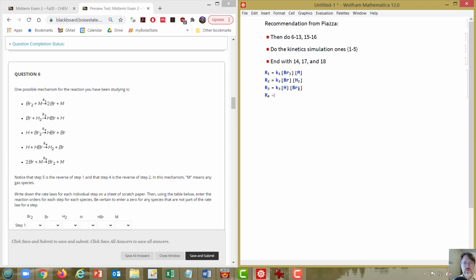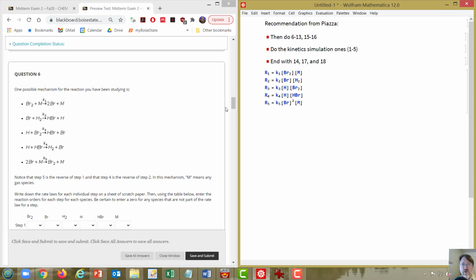R4 equals K4, concentration of H, concentration of HBr. R5, K5, concentration of Br squared, concentration of M.